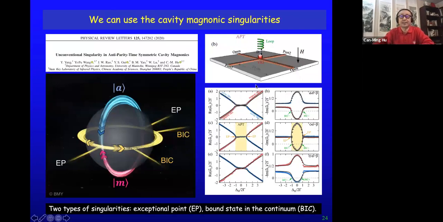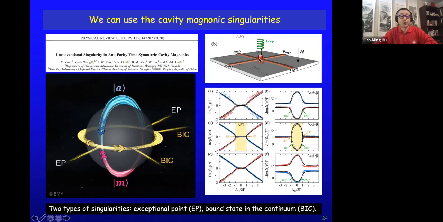Here's an example, a device very similar to the device I told you about before, except it now has a new component. There is a small loop directly coupled to the magnons, so that you can locally control the radiation damping of the magnons.